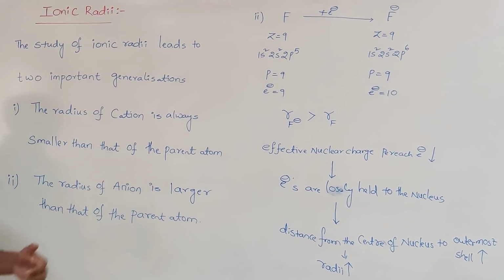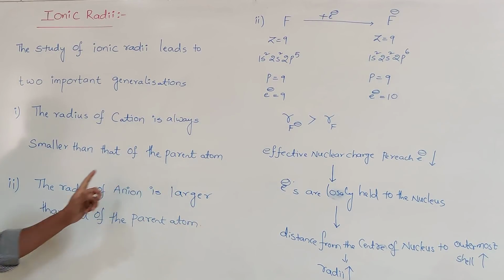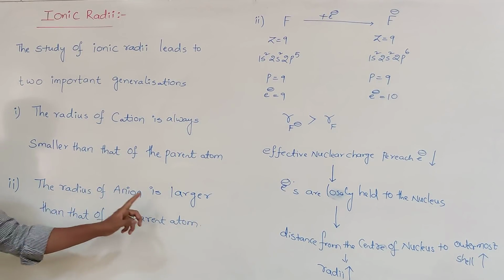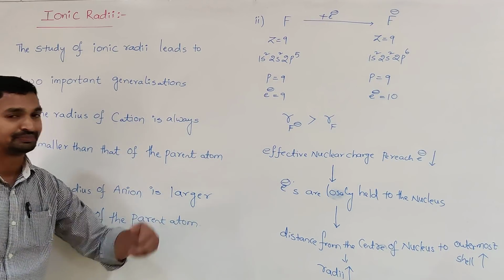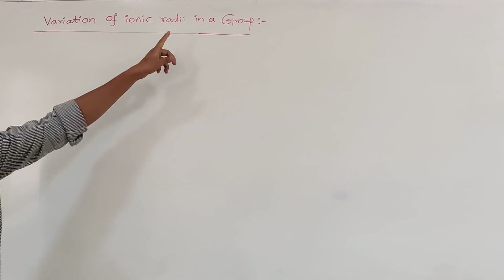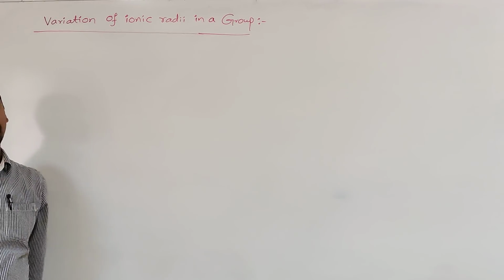So these are the two important conclusions we made by studying the ionic radii. One is that the radius of a cation is always smaller than that of the parent atom, and the other is that the radius of the anion is larger than that of the parent atom. The next one: how does the ionic radius vary in a group, just like the atomic radii?